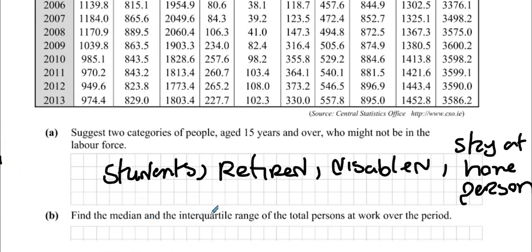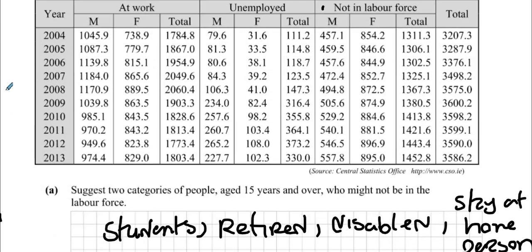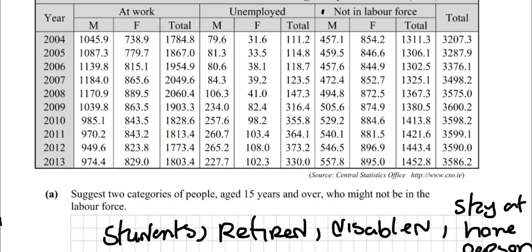Now, B. Find the median and interquartile range of the total persons at work over the period. Let's go for the totals. Where are the totals? What we're doing is counting how many totals there are. Total at work, thank you, keyword.